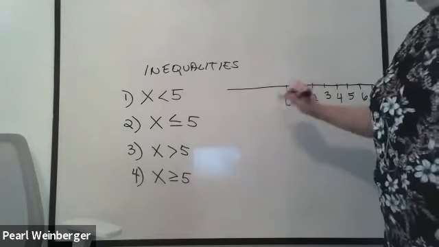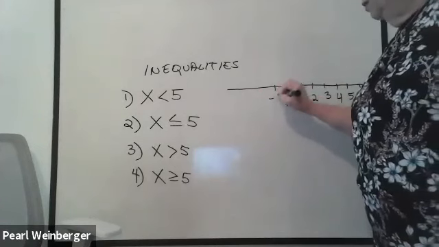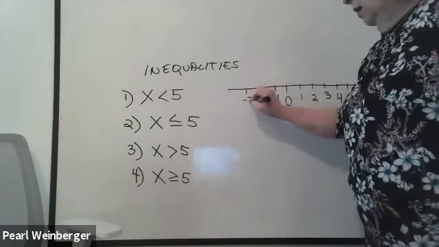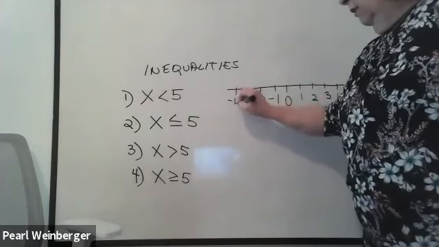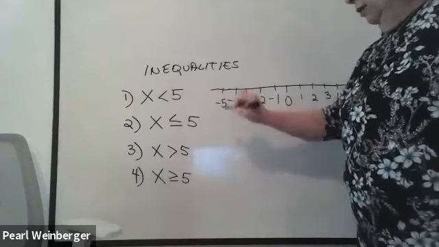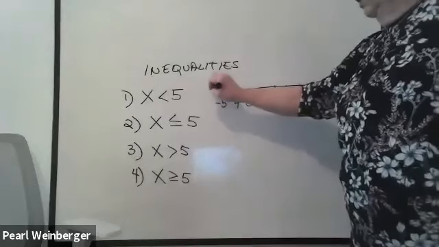And it could go to the left, and those are the negative numbers, -1, -2, -3, -4, -5, etc.